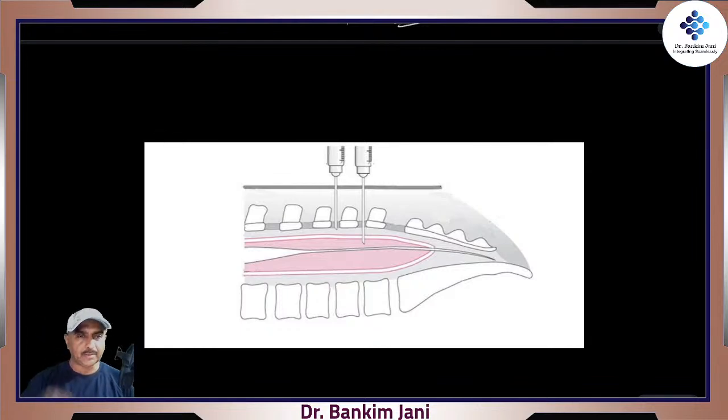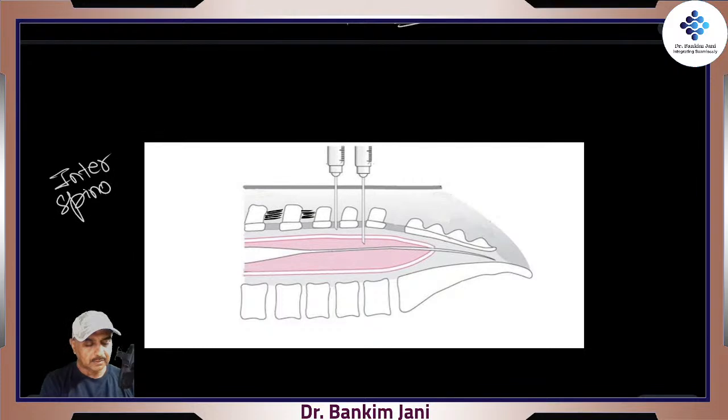We talked about all those ligaments. There was one ligament like this, and we said that this is between two spines. So we said that this ligament is the interspinous ligament.